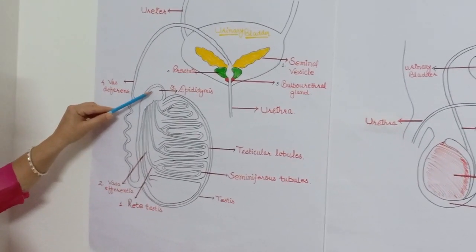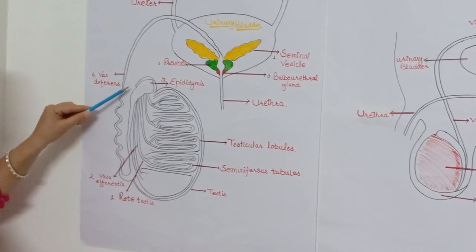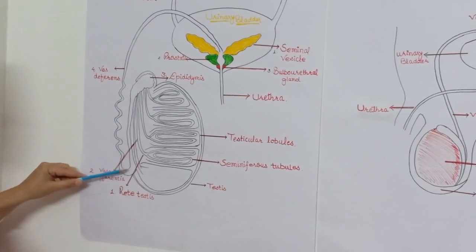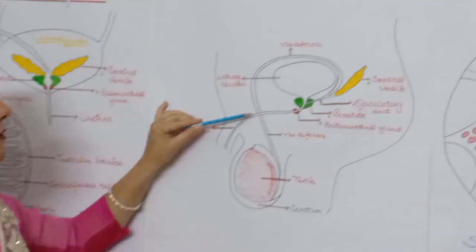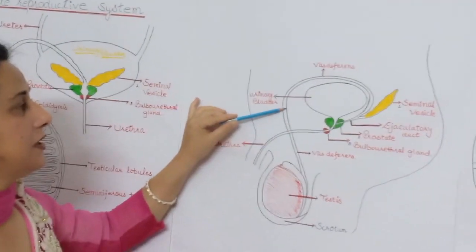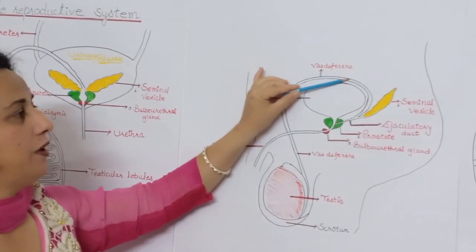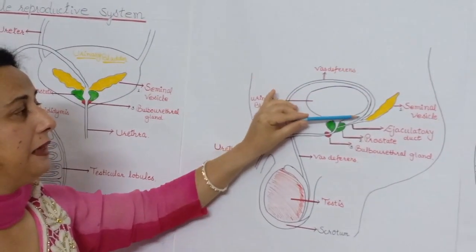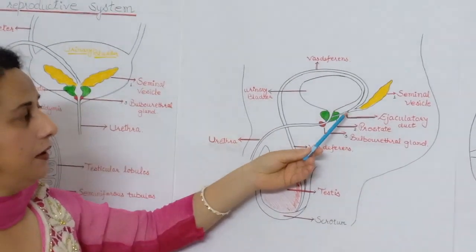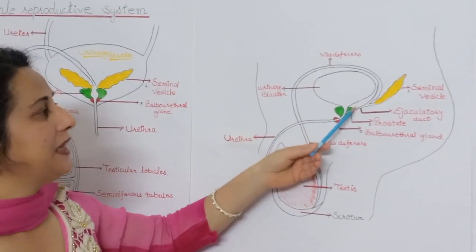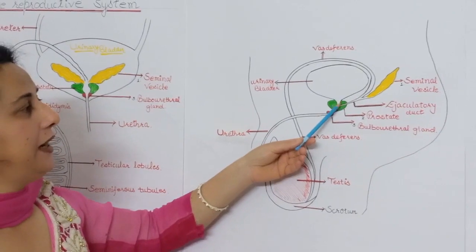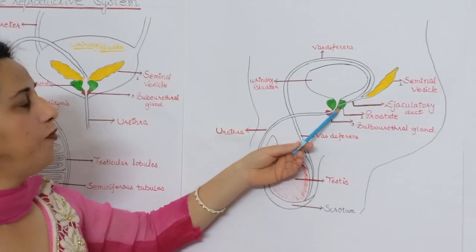Now this epididymis runs posteriorly and opens into the vas deferens. The vas deferens moves over the urinary bladder and receives the duct from the seminal vesicle gland. Now it opens as the ejaculatory duct and it also receives the secretion of the prostate.